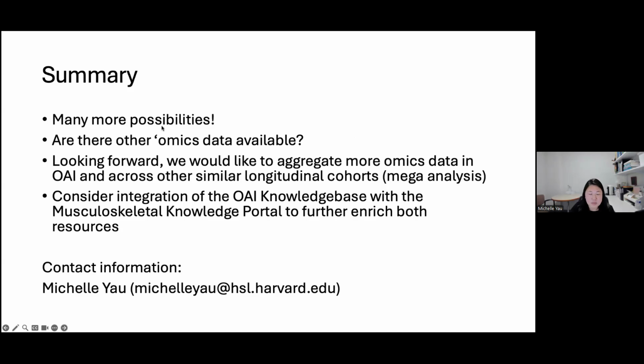I think this would be a huge benefit, to be able to integrate the genetics data with other omics data that people have collected. So I think there's more to come in terms of integrating or collecting more omics data within the OAI.